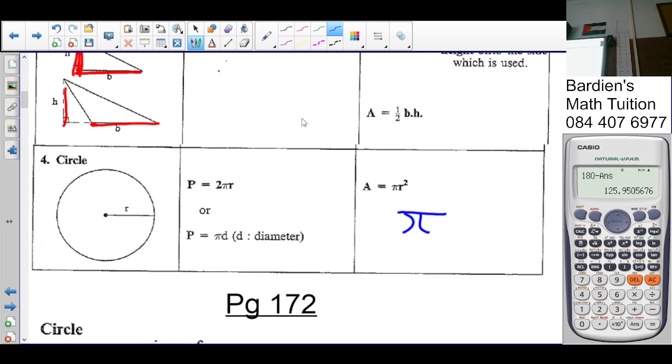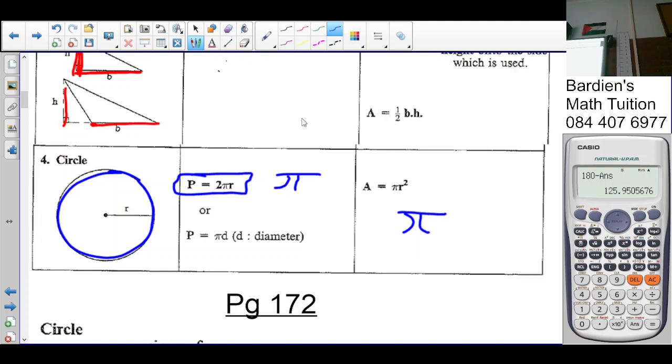So the perimeter of the circle, which is this on the outside here, is going to be 2 pi r, or P is equal to pi times your diameter. That's the formula of the perimeter of the circle that I use all the time. And the area of a circle is going to be pi r squared.